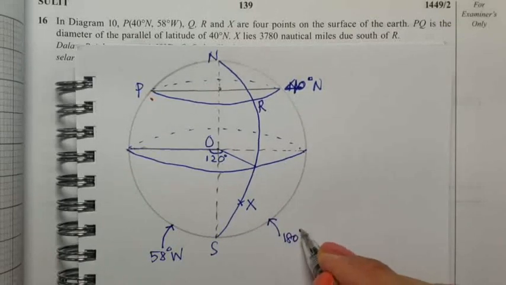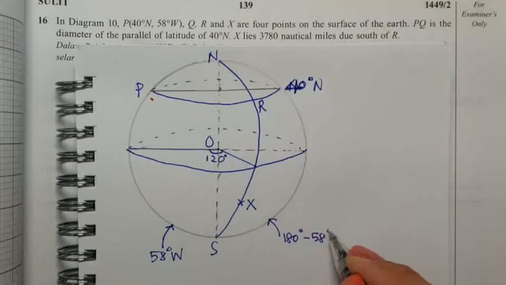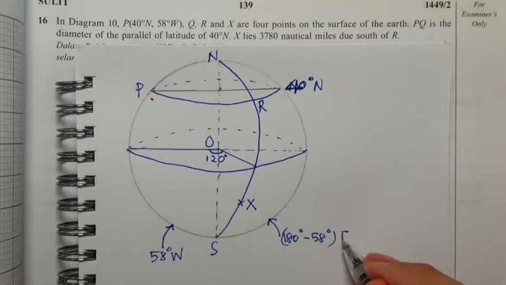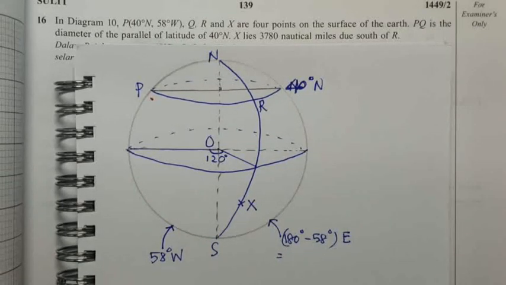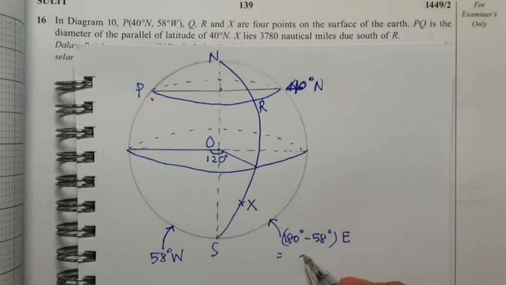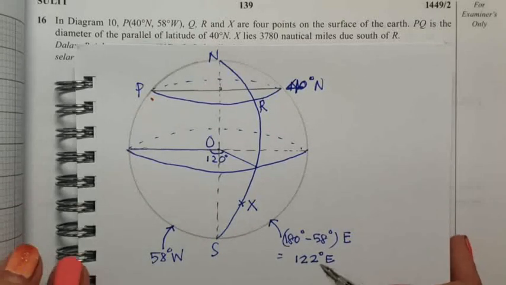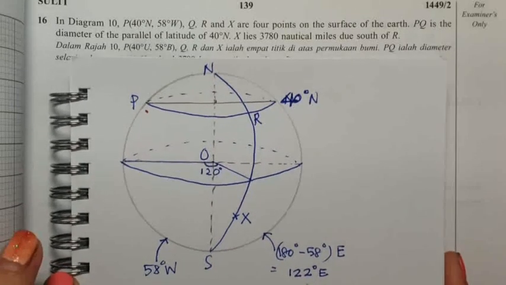So we take 180 degree minus 58 degree. If this side is west, the opposite side will be east. It's always like that. So 180 minus 58, we will have 122 degree east.